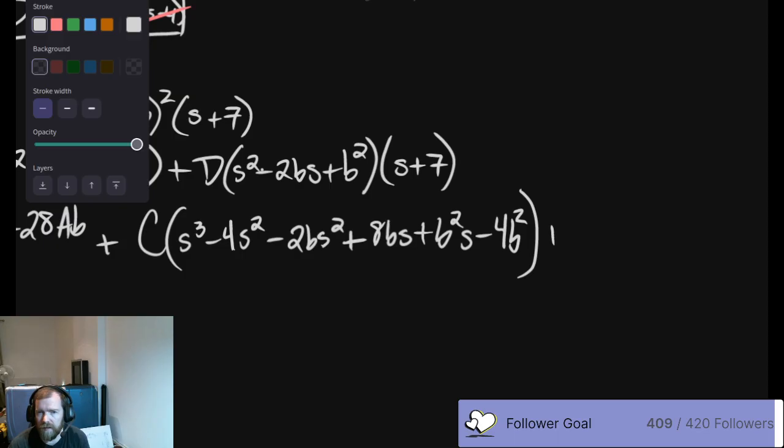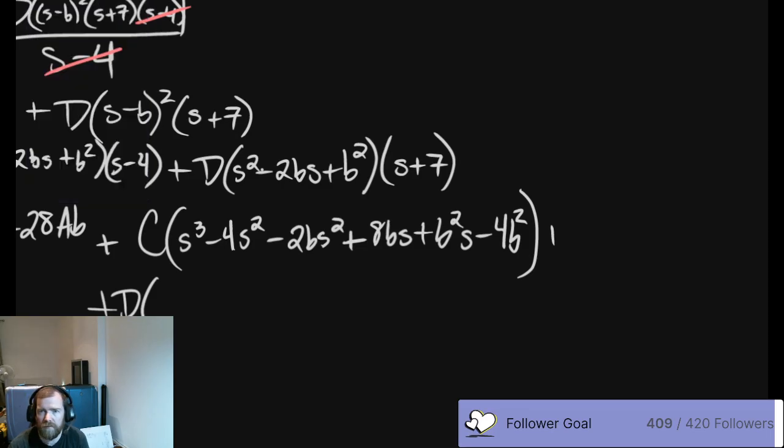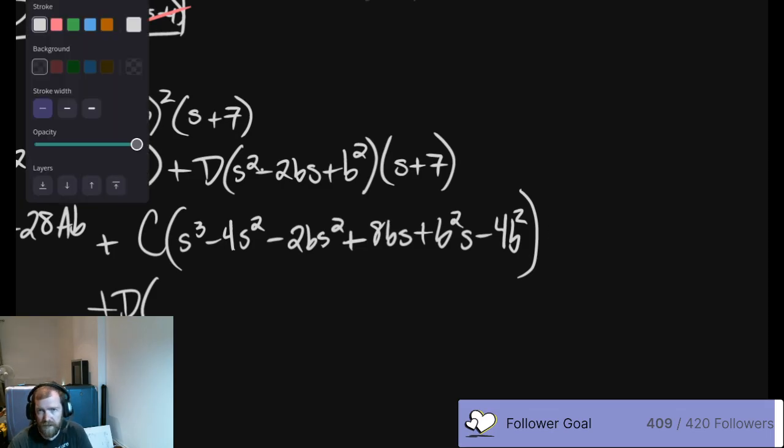Right? And plus, we'll pop that down here, D times the quantity. So this stuff is sometimes used as far back as algebra 2.